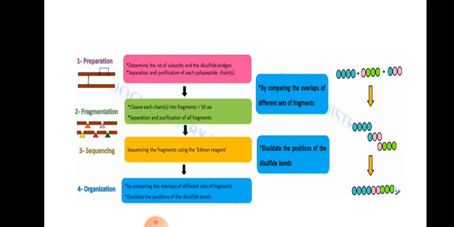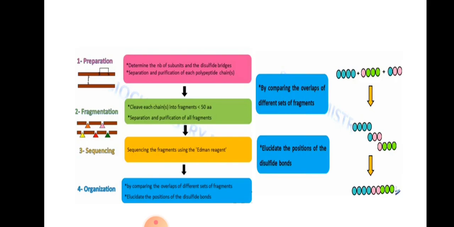In sequencing, we have small polypeptide fragments, and there is an N terminal and a C terminal for each polypeptide chain. The C terminal is identified by carboxypeptidase, and the N terminal is identified by three methods. The first is using dansyl chloride, the second is using Edman's degradation method, and the third is using Sanger's reagent.